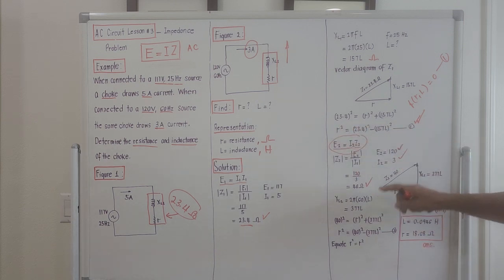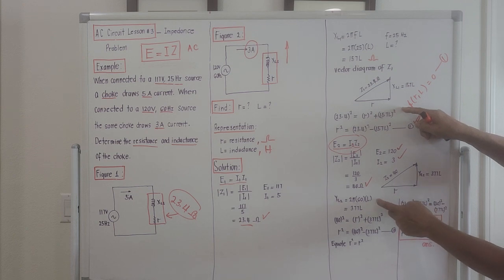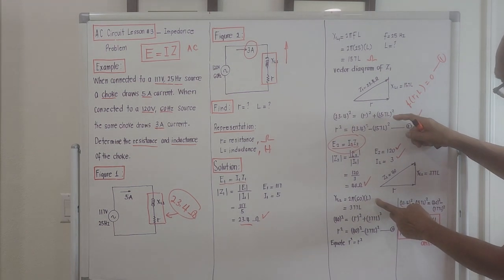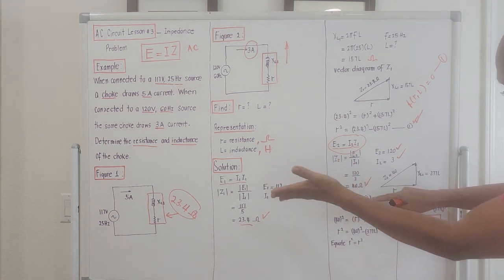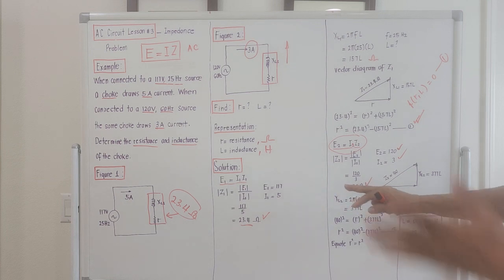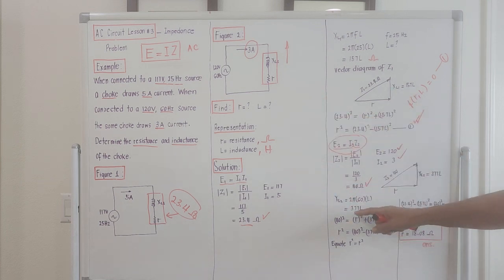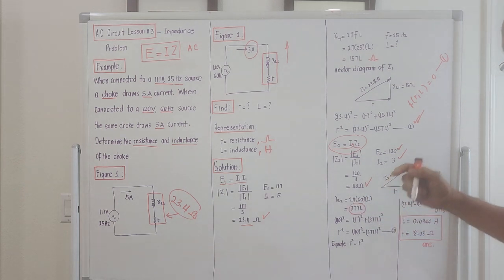The inductance is the same as in the first equation, so I will still designate it L, the unknown inductance of the choke. So XL2 in terms of L is 377L, as a function of the unknown inductance of the choke.